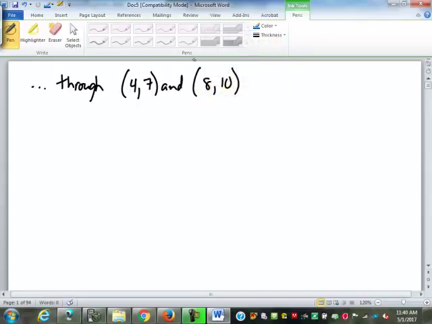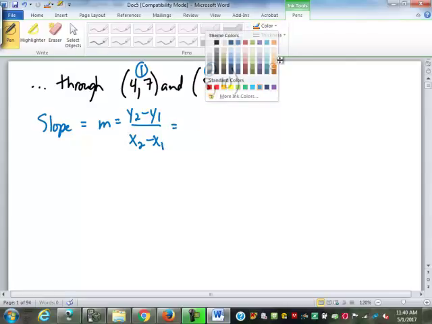And to do it, we first found the slope. And to do that, we use the slope formula, m equals, we had points 1 and 2, so it was y2 minus y1 over x2 minus x1. So for these 2 points, we'd find the slope.